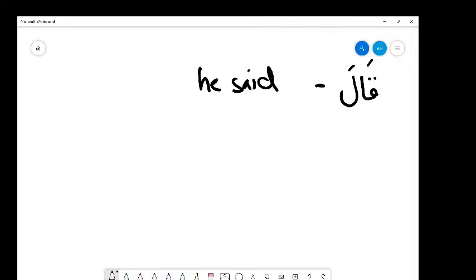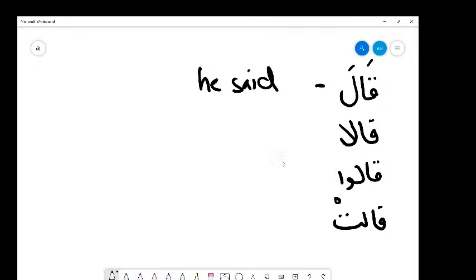So qala, the dual for it would be qala, plural would be qalu, and then singular feminine qalat, and then dual feminine qalata, and then so on and so forth. Same way that we had with fa'ala and daraba and fataha.